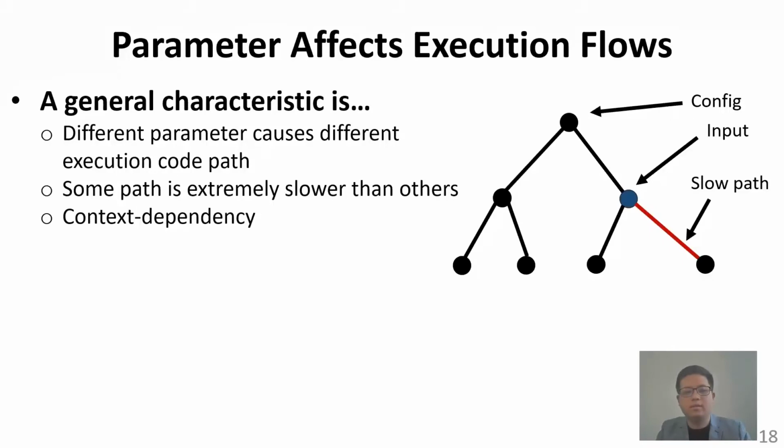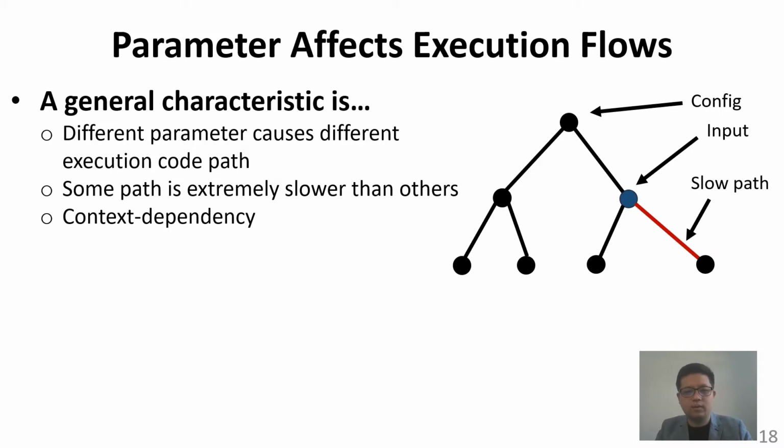But we found, despite the variety, the general characteristic is that the specious configuration drives the system to execute some code paths that are significantly worse than other paths. The performance effect is also dependent on other parameters, input and the environment.